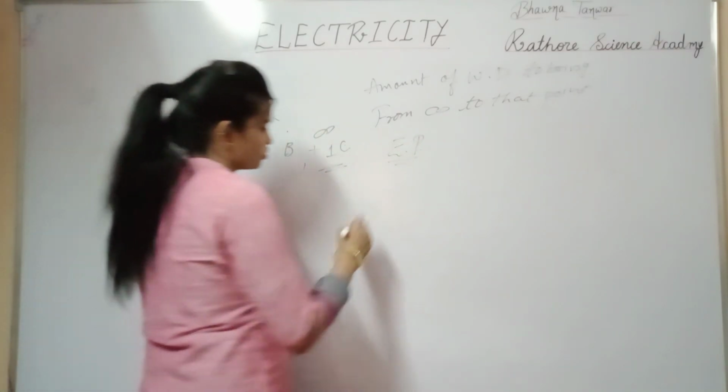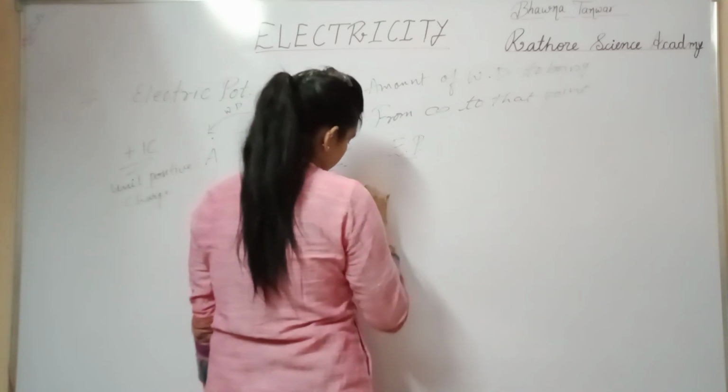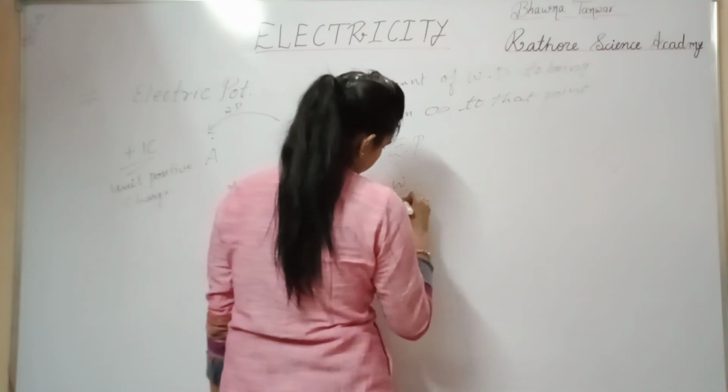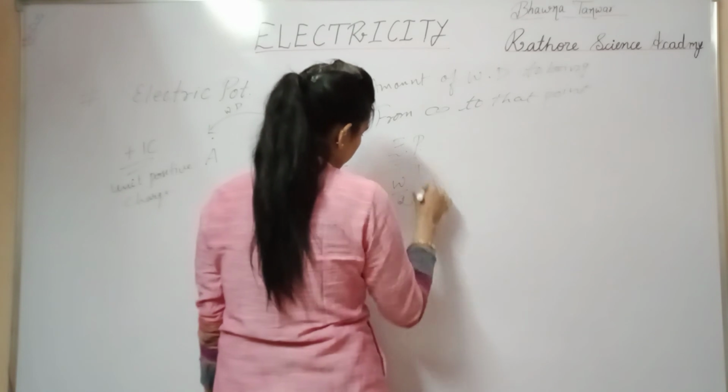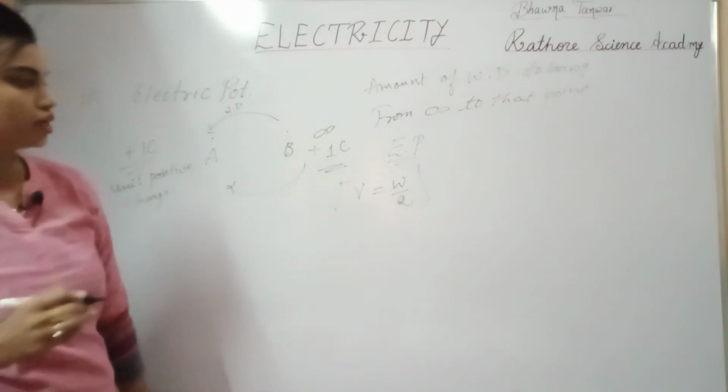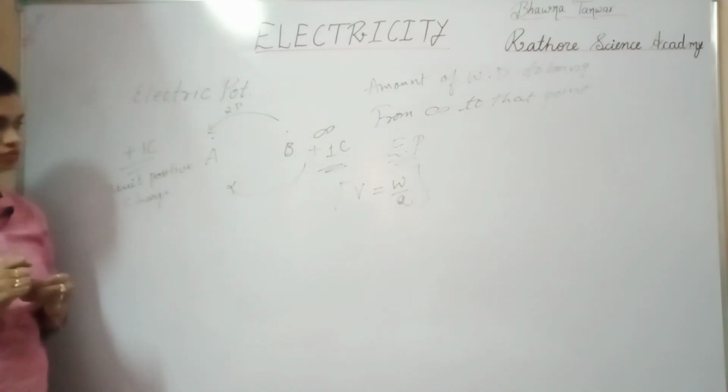Okay, so V is equal to W by Q, the amount of work done to bring a unit positive charge, right?